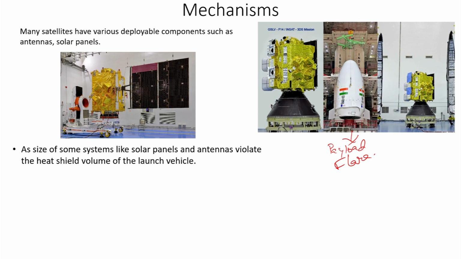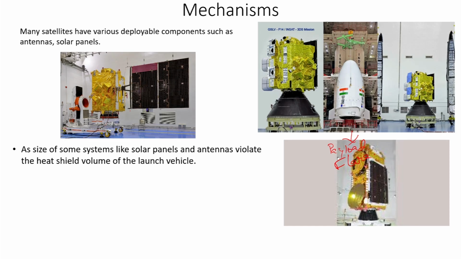You can see the solar panel when deployment testing was done, but when it is put inside the satellite, the panels are folded. This is called the heat shield of the launch vehicle. When you fold it, it looks like that. So, it becomes compact and you can put it inside the satellite, and when the satellite comes out of the heat shield after it reaches its desired orbit, all the folded subsystems are deployed.